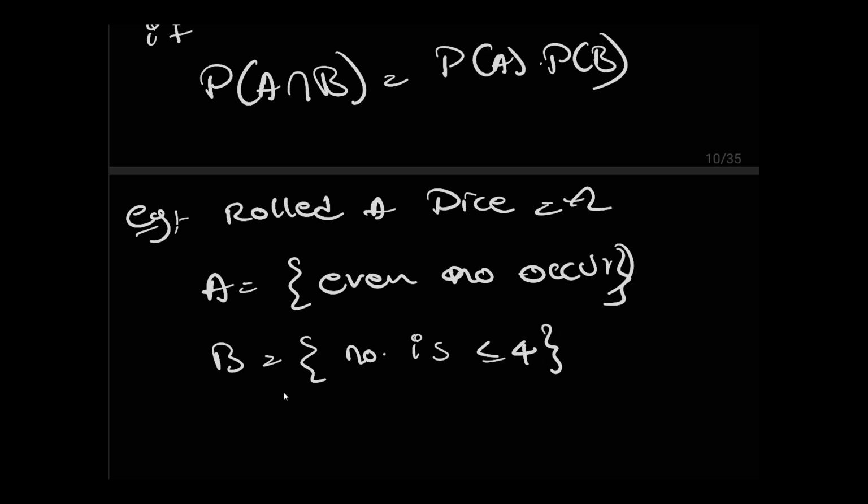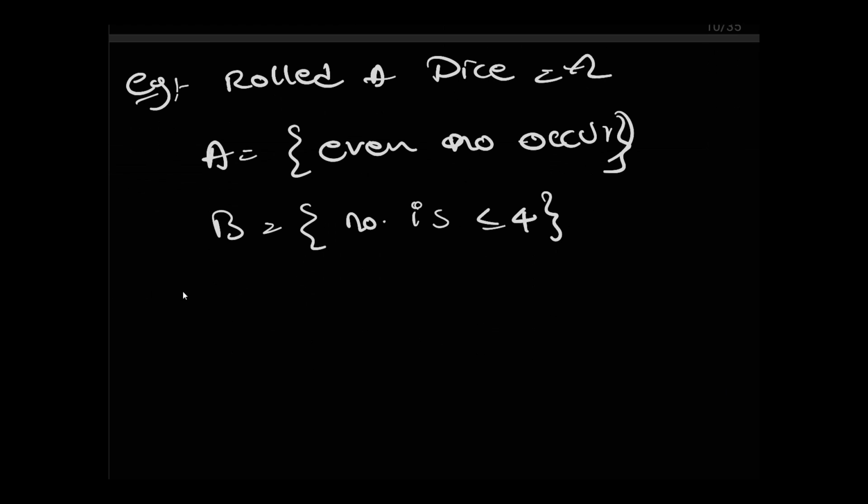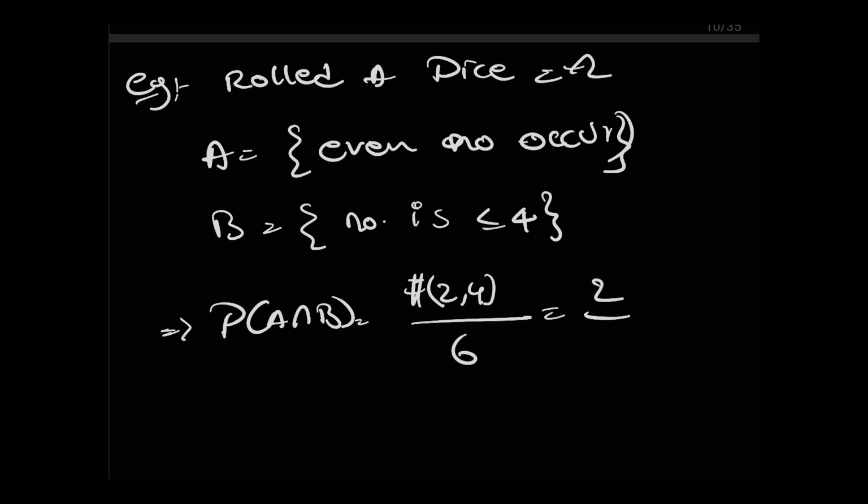Then probability of A intersection B is that the number is even and less than or equal to 4. That means either it is 2 or 4, by 6. That is 2 by 6, 1 by 3.